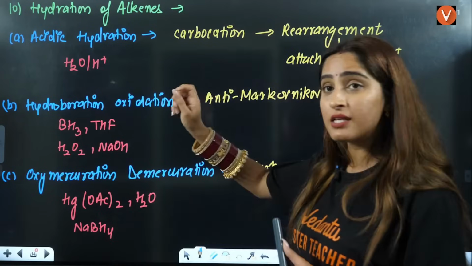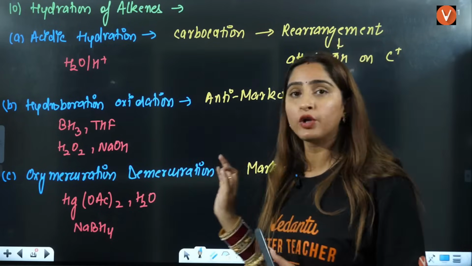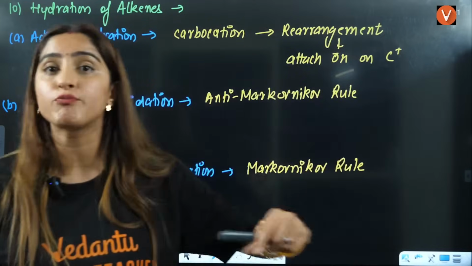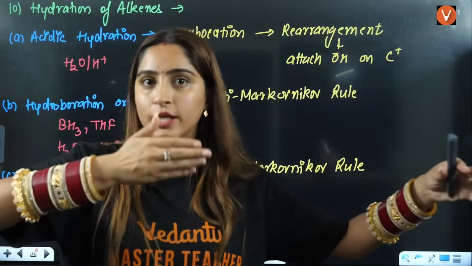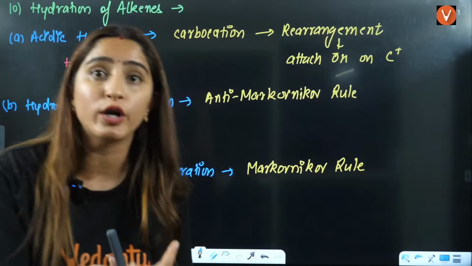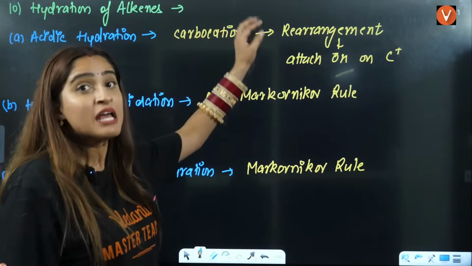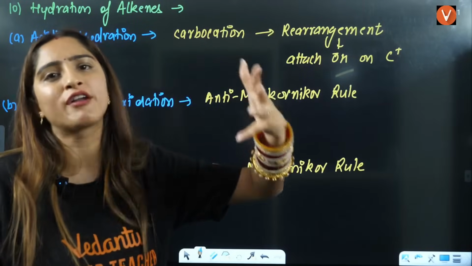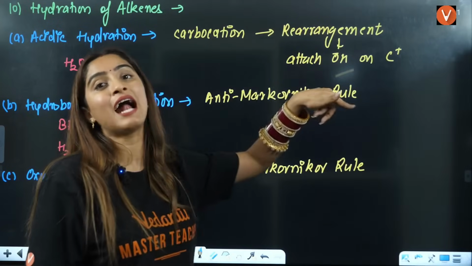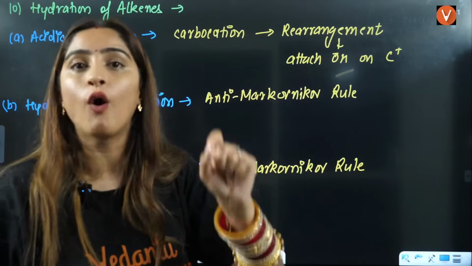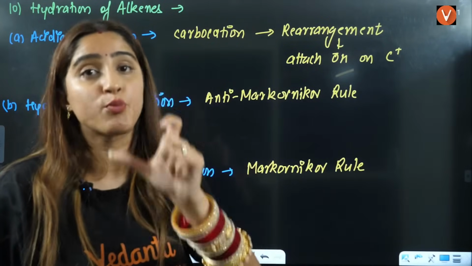In acidic hydration, firstly you will break the double bond and form a carbocation. Then, if possible, ring expansion, ring contraction or rearrangement, do that. After that, attach OH negative on the C positive, that is, that carbocation.